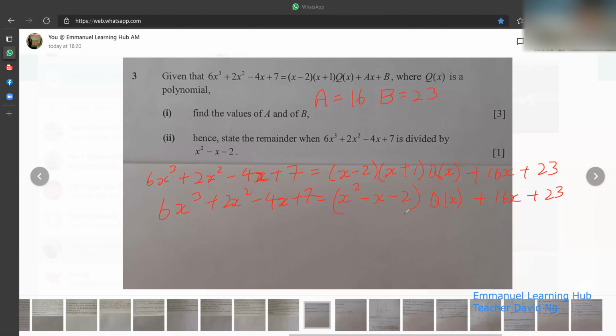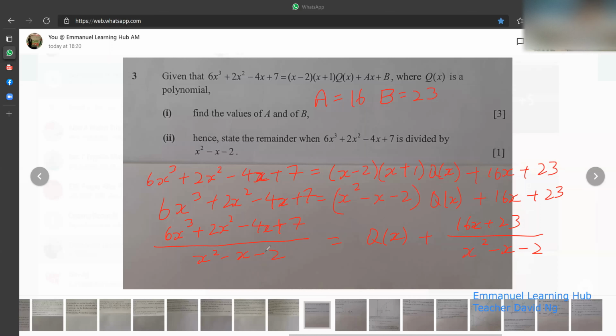So if I divide every term by x squared minus x minus 2, I'll end up with 6x cubed, and when this term is divided by this, you'll end up with q(x) plus 16x plus 23 over x squared minus x minus 2.